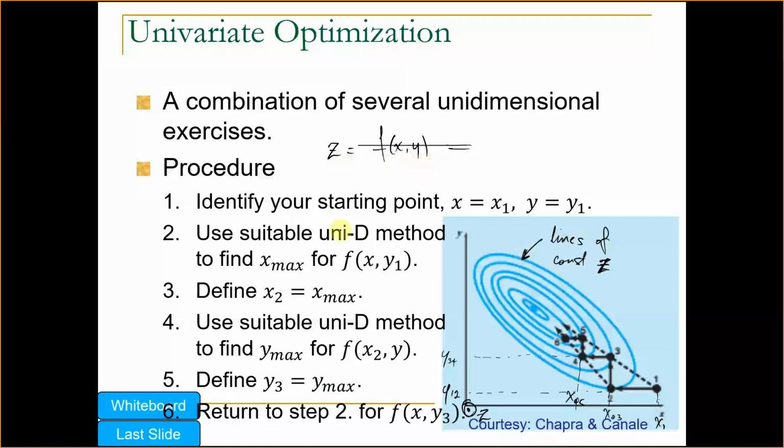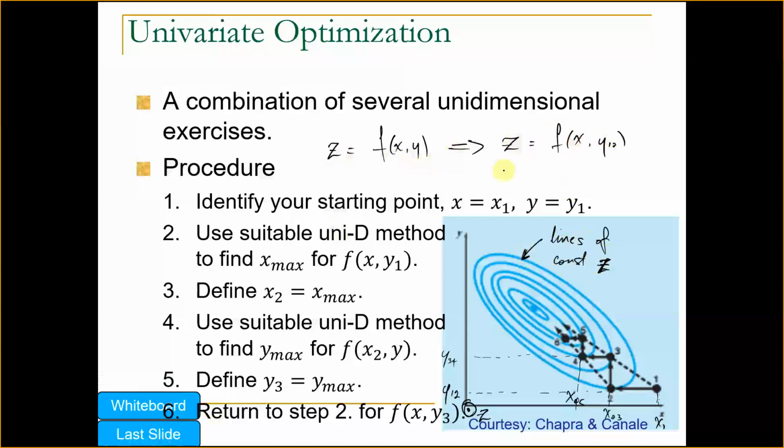So what we want to do is, this is our 3D problem, pardon me. We're going to convert this to a 2D problem. Z is equal to a function of x, Y12. Y12 is now a fixed value.